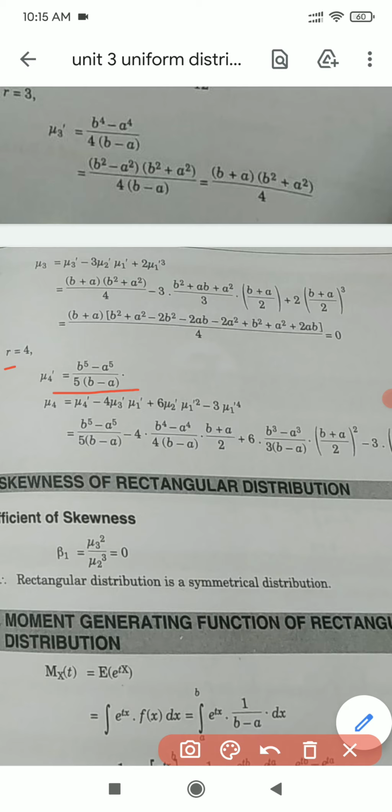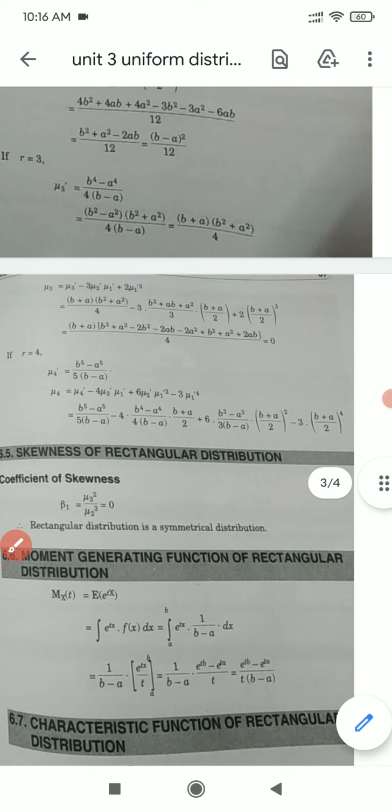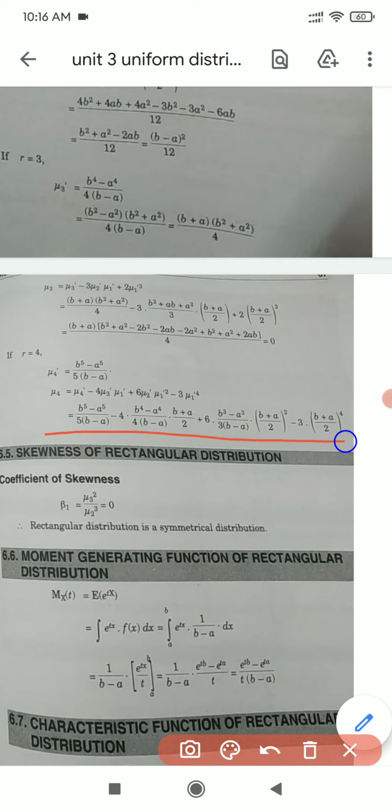Then you just put the formula of mu4 and substitute all the values which we got here, and after that you will get the answer. The last answer is this one. Just remember this one, students. Just substitute all those values and you will get the answer.